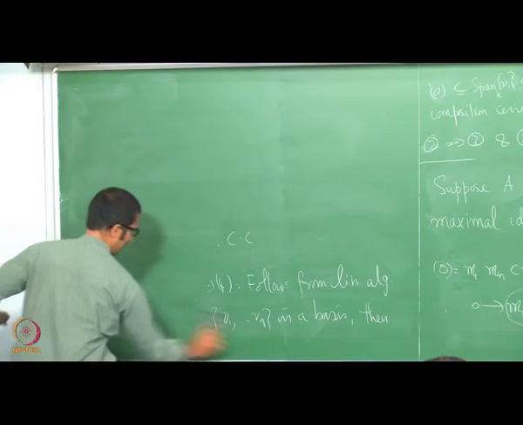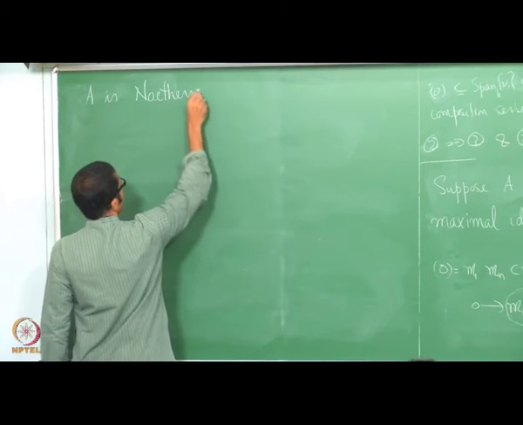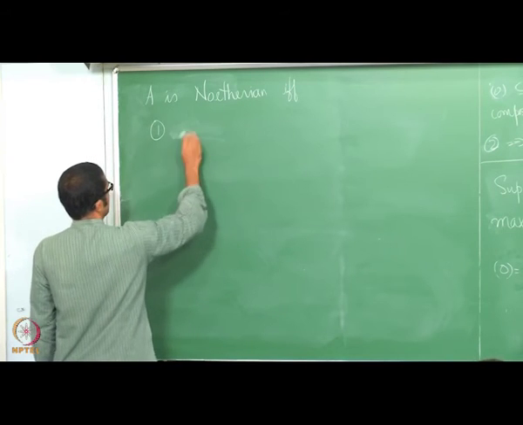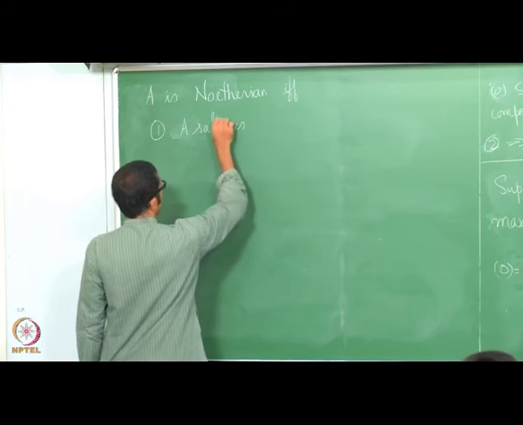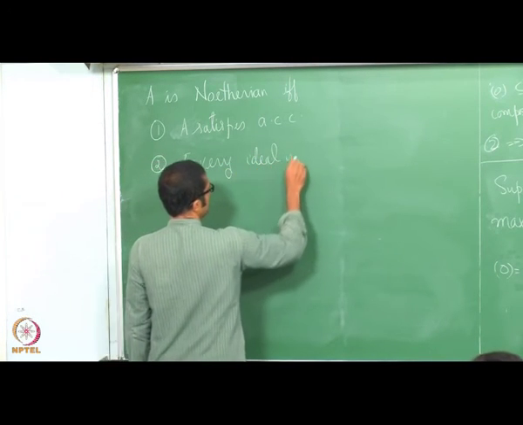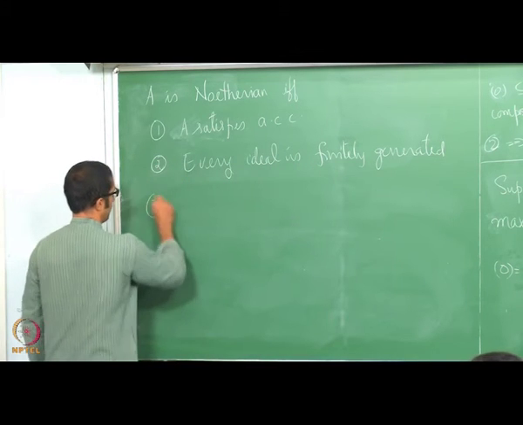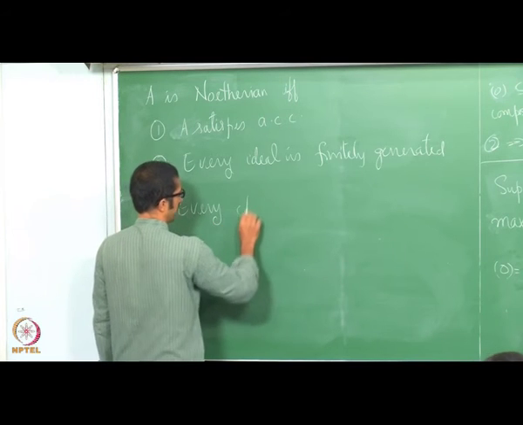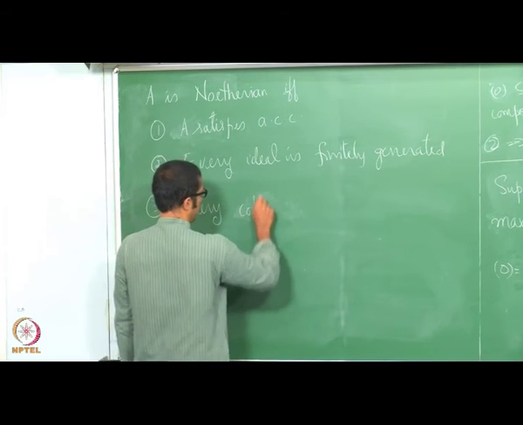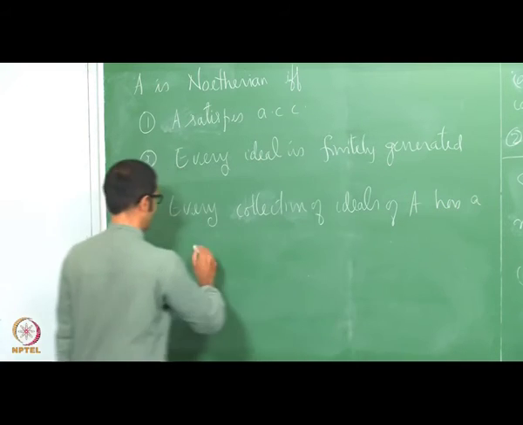So, a ring A is Noetherian if and only if A satisfies ascending chain condition, every ideal is finitely generated, and every collection of ideals of A has a maximal element.